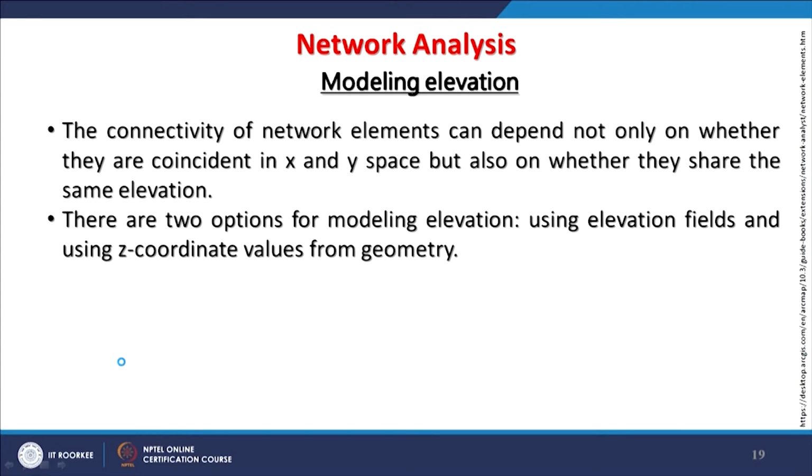So, there are two options for modeling elevation or different levels using elevation fields, that is the Z value from our geometry, and that is very much required if such scenarios have to be developed or such modeling is required. If there are different levels, the elevation Z value is very much required.